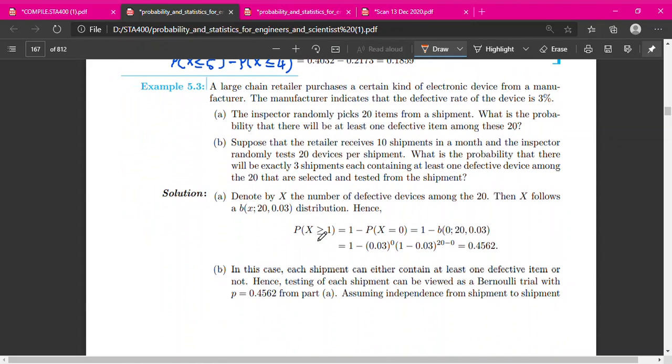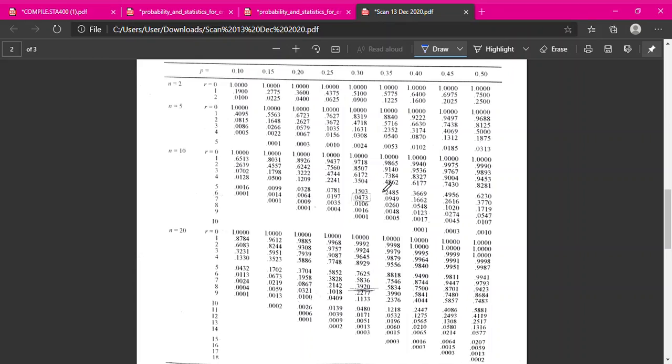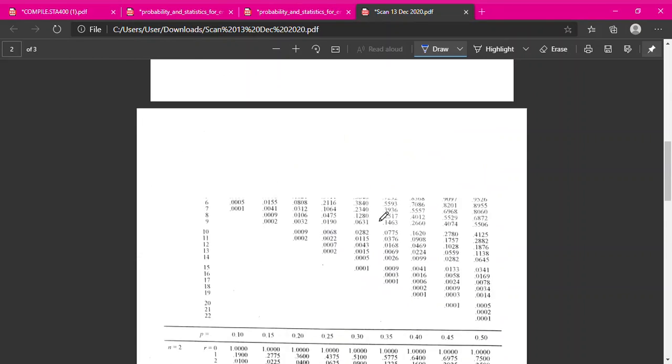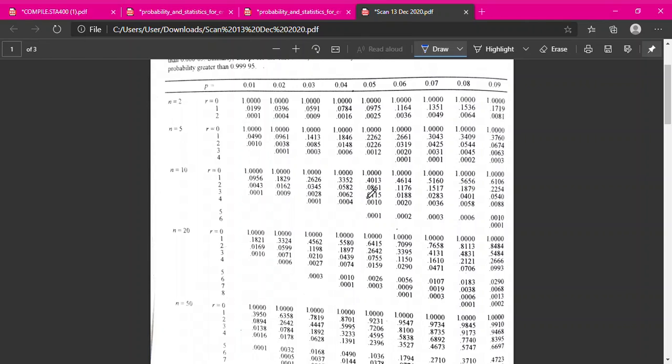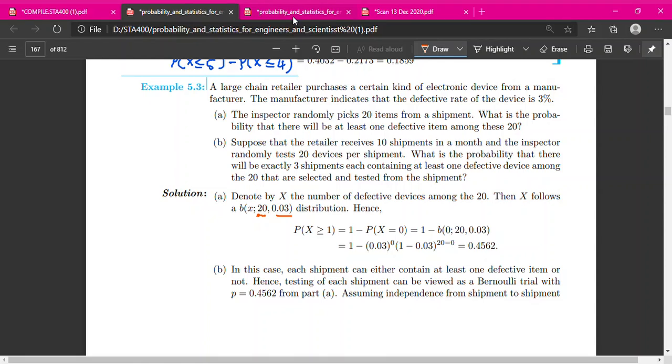Okay, let's say yang ni lah. Yang ni tadi N-nya 20, P-nya 0.03. Okay, let's see this. Ada tak? P 0.03. N dia berapa tadi? 20.